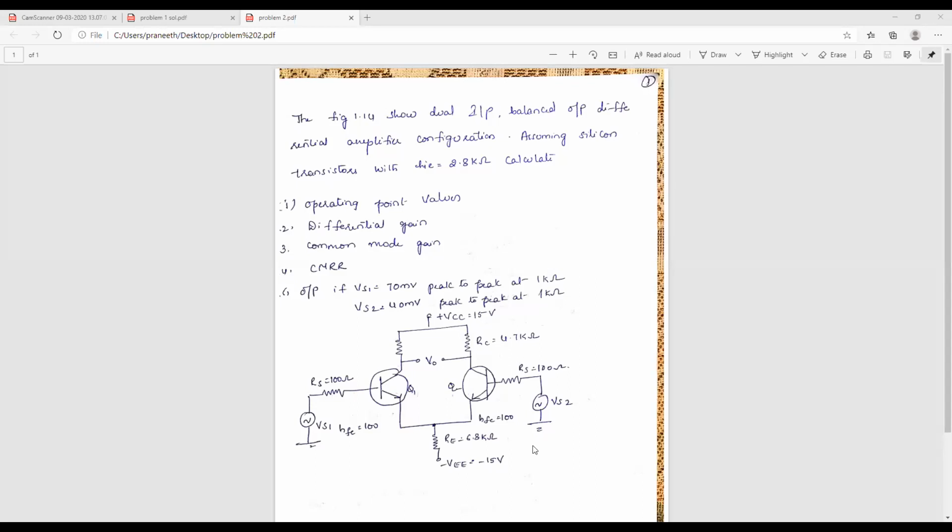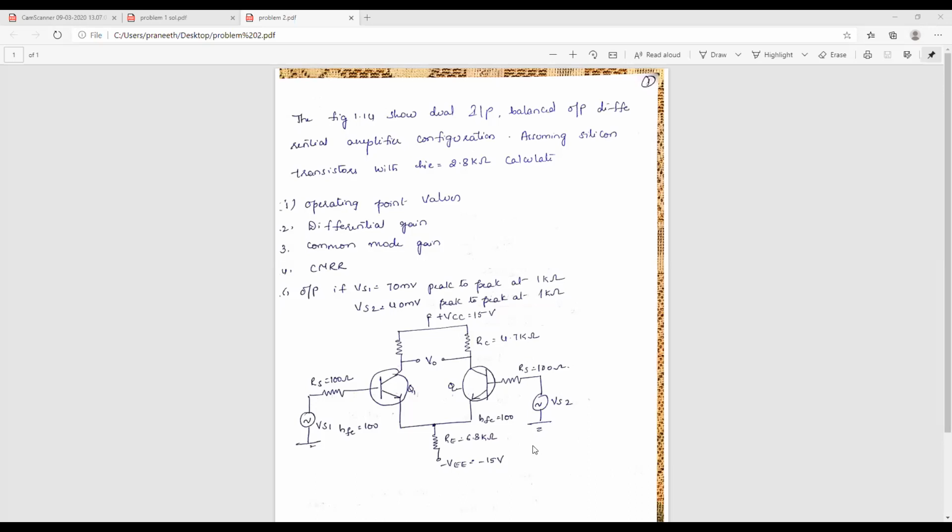So what is the formula for CMRR? Differential voltage gain by common mode voltage gain. So if you get AD and AC, simply substitute in the formula CMRR equals AD by AC. Then you will be getting CMRR also. So just do it as homework.